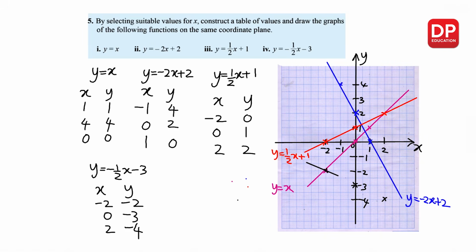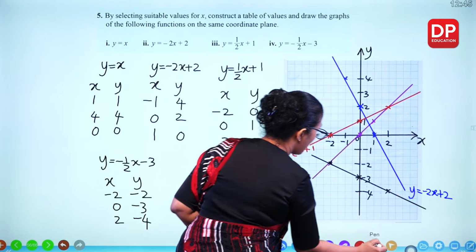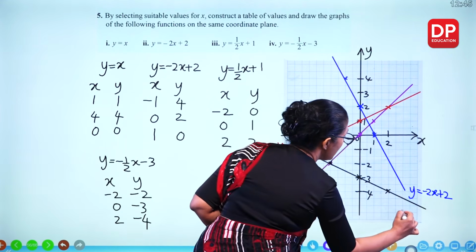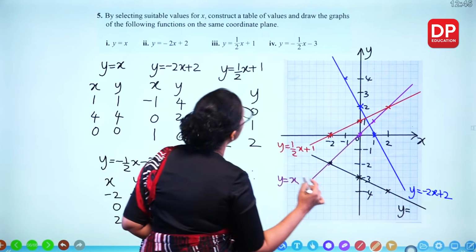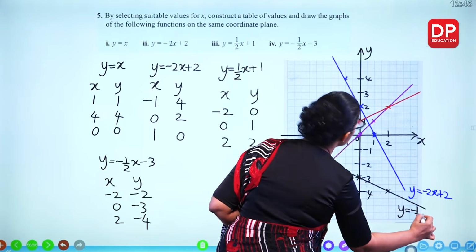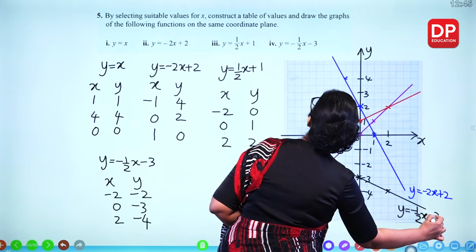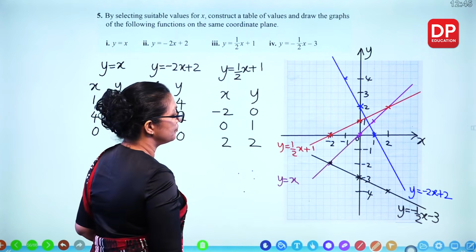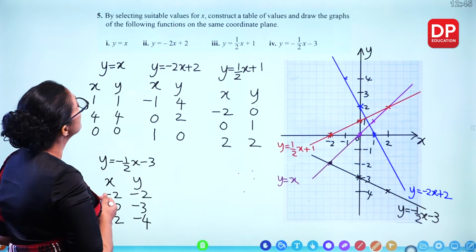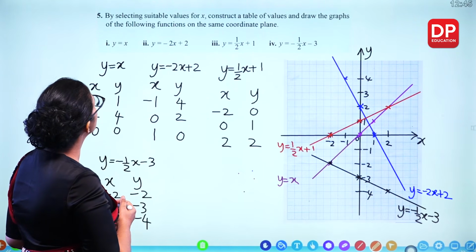You get this line. What's the line? Y equals minus half x minus 3. Now, these are the 4 graphs.